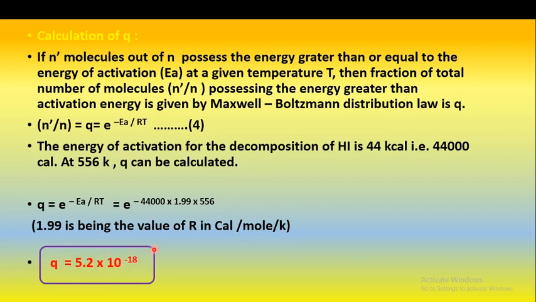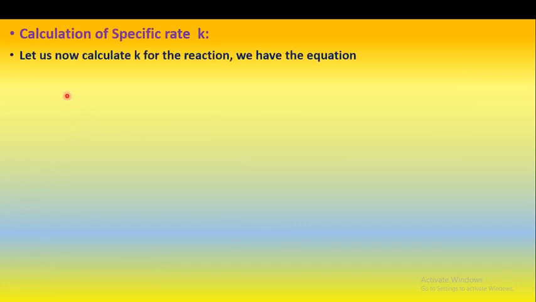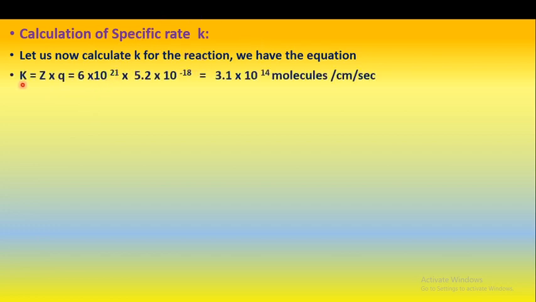We have calculated the value of Z, that is collision frequency, and we have also calculated the value of Q, the specific fraction of total number of molecules. Then we calculate the specific rate K. So how to calculate K? The specific rate of the reaction K is equal to Z, the collision frequency, into Q, the fraction of total molecules.